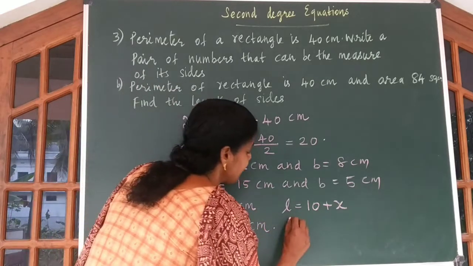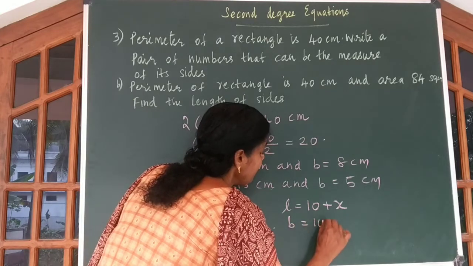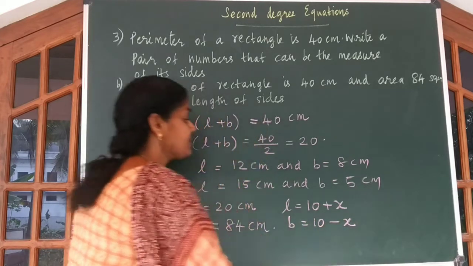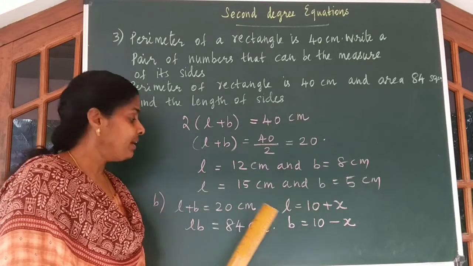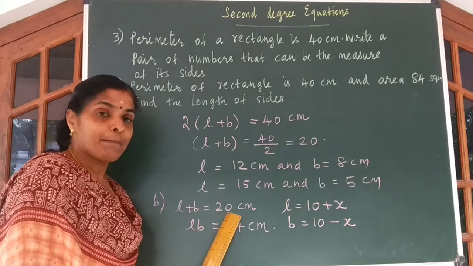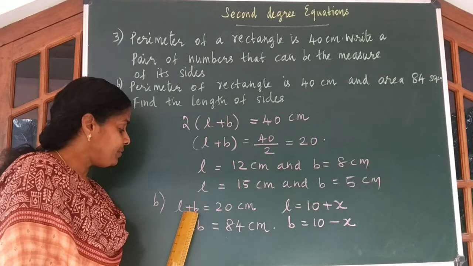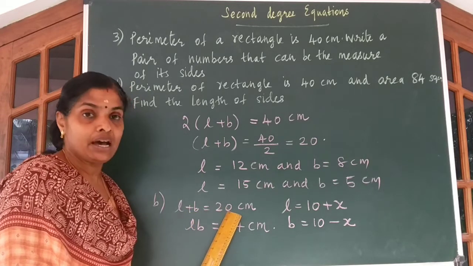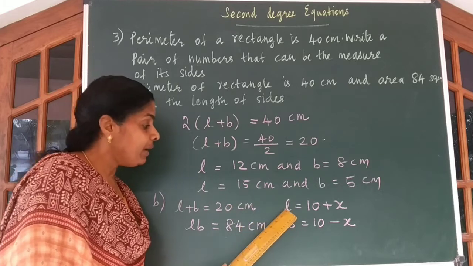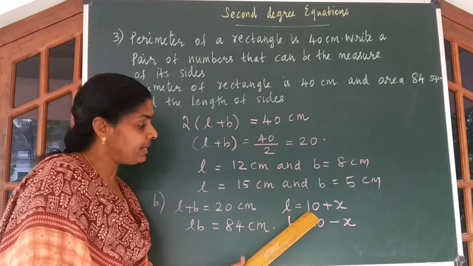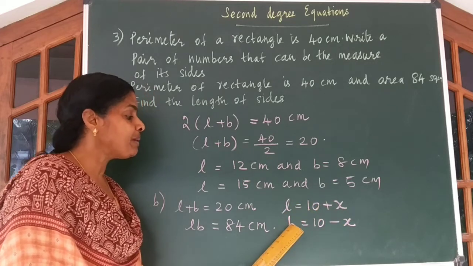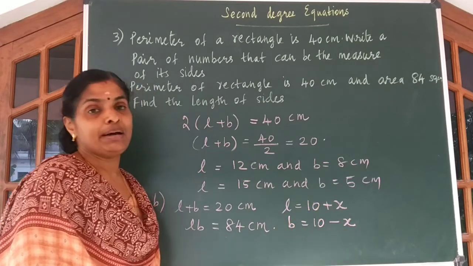Similarly, I can say breadth is equal to 10 minus x. Children, this is the easy method for you. Whenever we are given perimeter, we have to write L plus B, that is half of perimeter. Now to get length, take half of 20, which is 10. So I wrote 10 plus x, breadth is equal to 10 minus x.